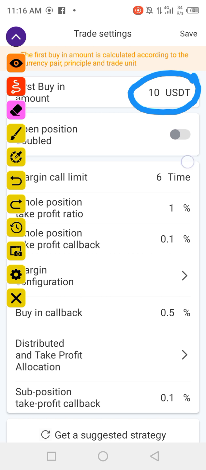Then take note of the margin call limit: how many times you want the system to buy as the coin is dropping in price, or as the coin is losing in price. Okay.